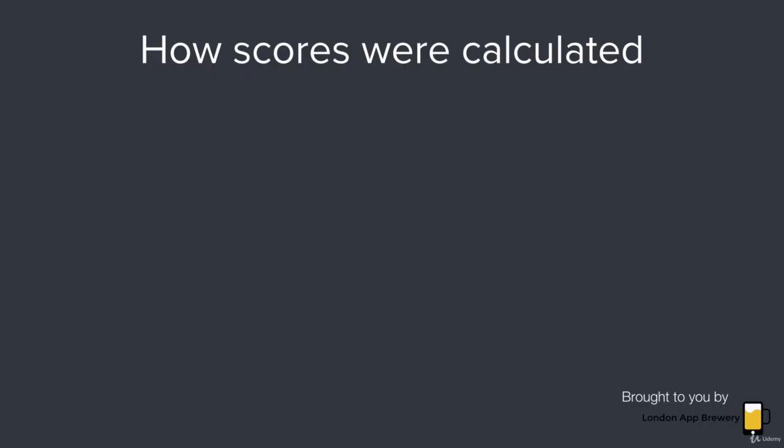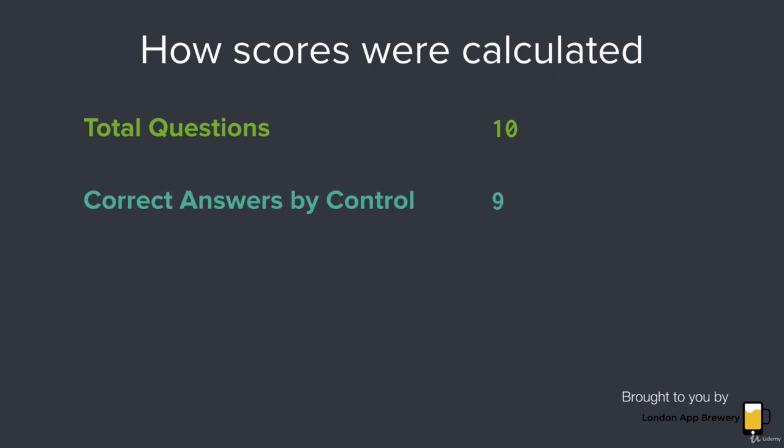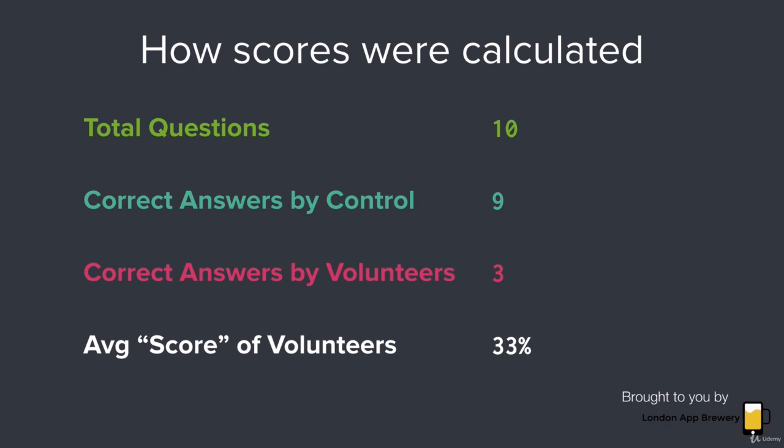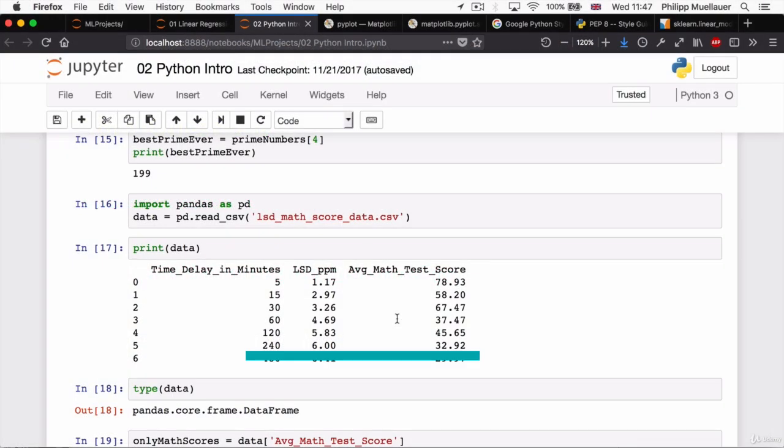Another way to think about this is that if there were 10 questions and the control group got around 9 of them right, then the volunteers got about 3 or 32.9% of the questions right 240 minutes or 4 hours into the experiment.